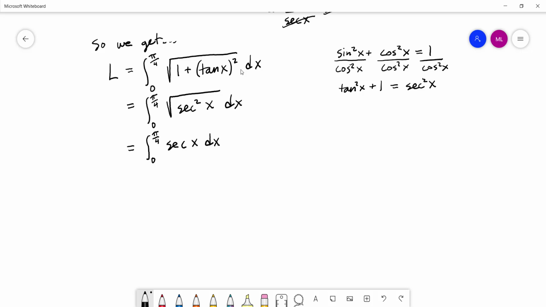We talked about it back when we were doing the trig integrals. These are those ugly ones, probably just worth having memorized. This one is simply the natural log of the absolute value of secant of x plus tangent of x, and we're evaluating that between 0 and pi over 4. This is probably good to just have memorized or come from an integral table.